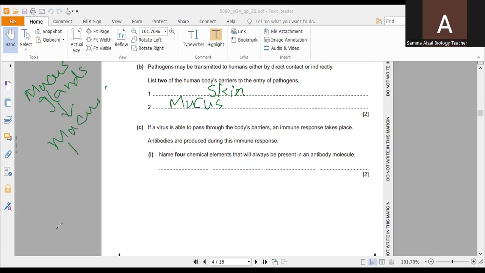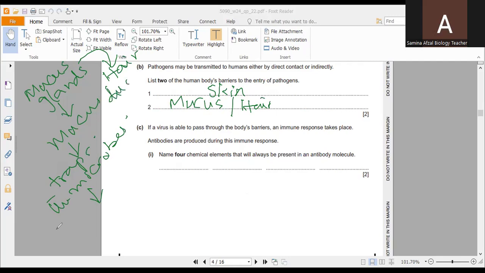Mucus traps the microbes, and we can also write here that they capture the dust particles, plus they capture the microbes, and in this way they stop them from entering into our body by capturing them in the respiratory tract.